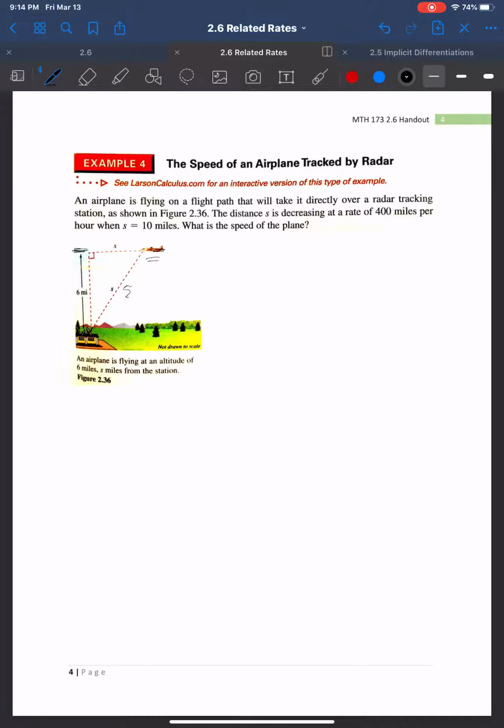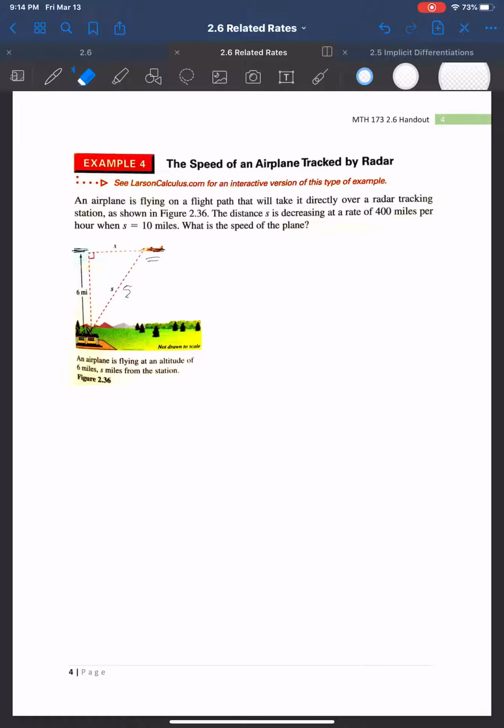So back to what I was reading, the distance S is decreasing at a rate of 400 miles per hour. But this is important: when S is equal to 10. All right, so what I need to do right now is start collecting information.